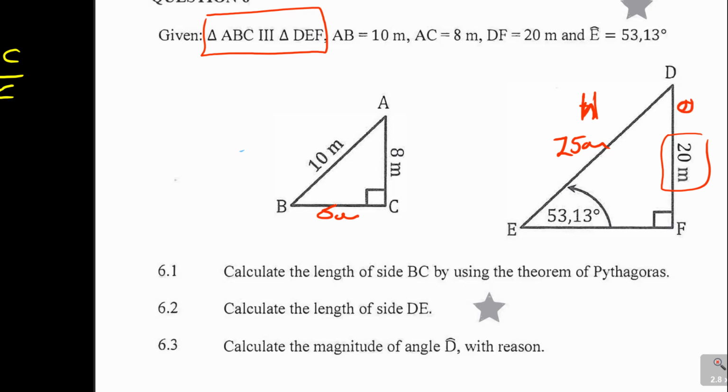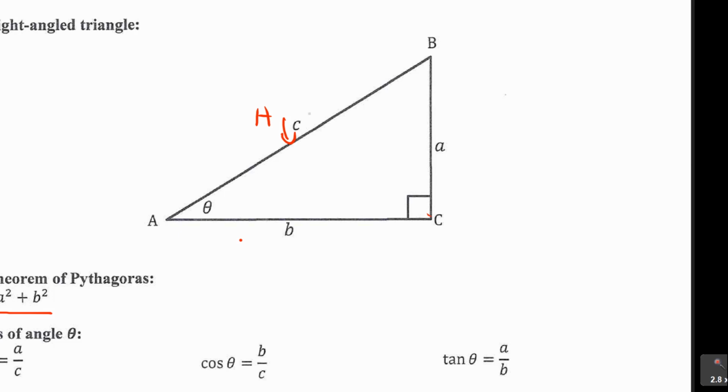Are you with me? In this triangle that I'm given, this is my opposite, this is my adjacent. Why? These angles are adjacent and theta is opposite. This is my opposite, this is my hypotenuse, this is my adjacent.